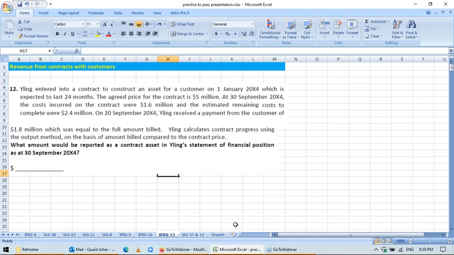So revenue from contracts with customers. So students, let's start with revenue from contract with customers. Okay. Now I'm not moving in the sequence. I'm starting with a case study first, and then we will come back to question number 12, right?